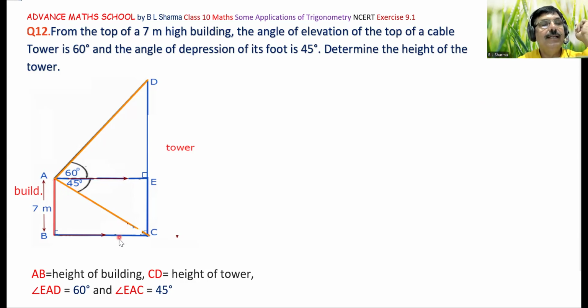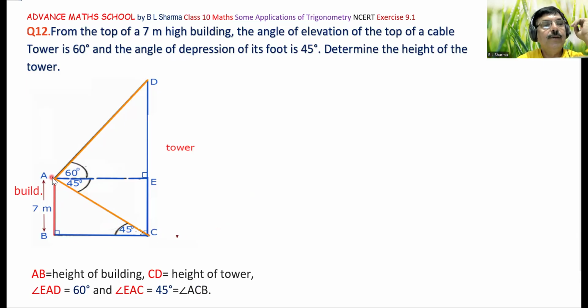So this angle will also be 45 degree. Angle BCA is also 45 degree, because these two angles are alternate interior angles.